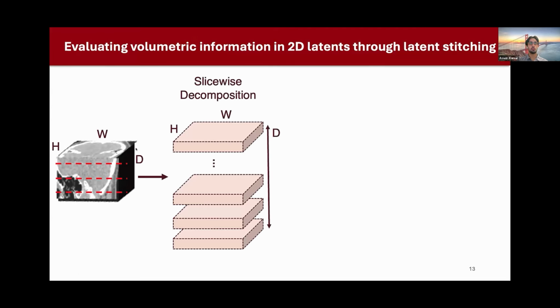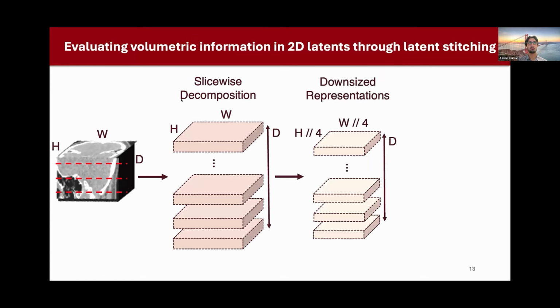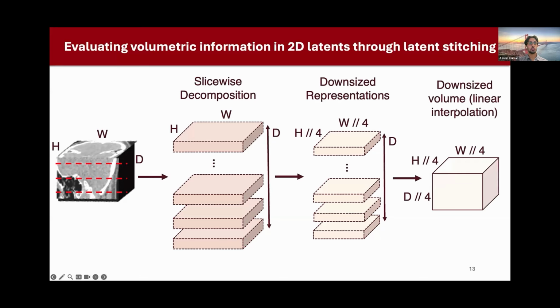We first slice-wise decompose all the slices, just breaking down the volume into individual slices. Then we apply our 2D interpolation or learned autoencoder technique to these slices to create downsized in-plane representations. But we still have the same dimension in the D direction. So we effectively apply linear interpolation to make it the same dimension as what a 3D learned latent would look like for MedVAE.